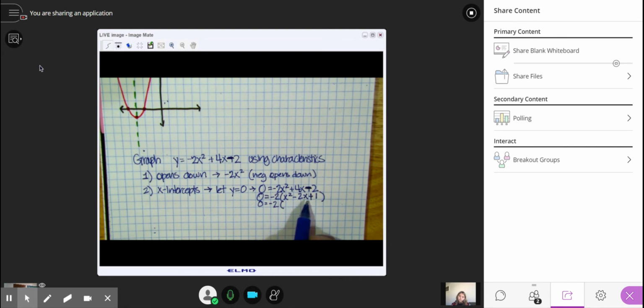What two numbers multiply to give you a +1, but when you add them, you'll get a -2? Good. So this works out to be a perfect square trinomial. X squared minus 1x minus 1x plus 1.